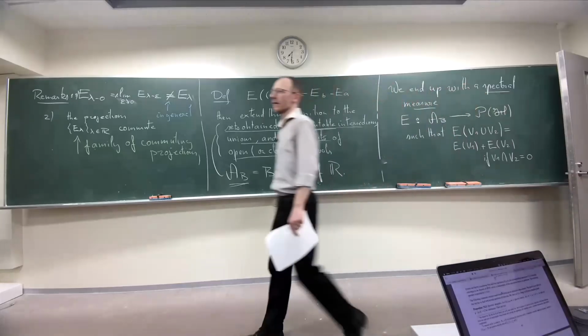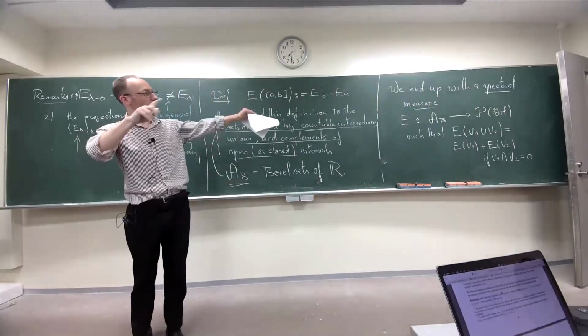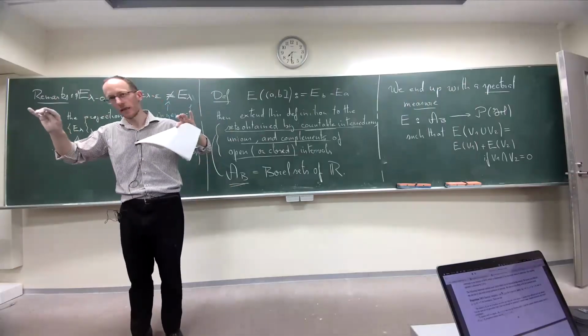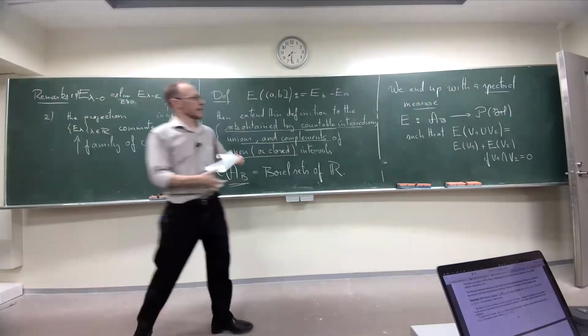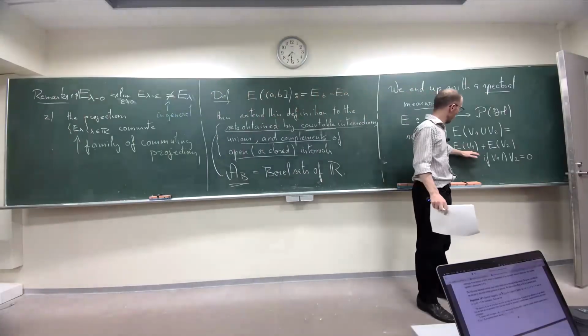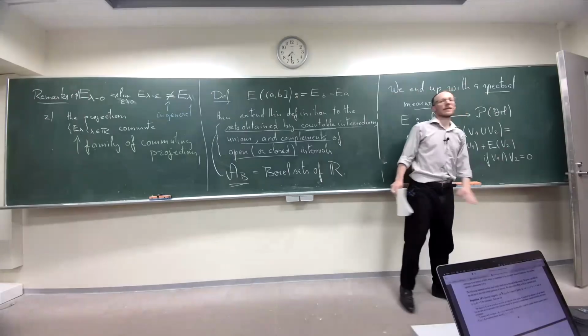This is something you should expect looking at the picture I had done before. If you have two disjoint intervals, this E of two disjoint intervals is going to be the first projection plus the second projection.